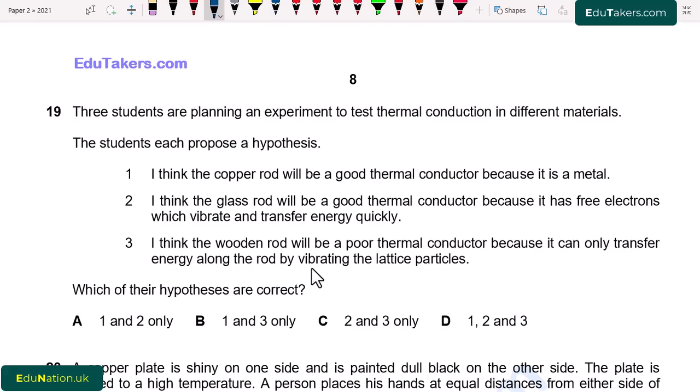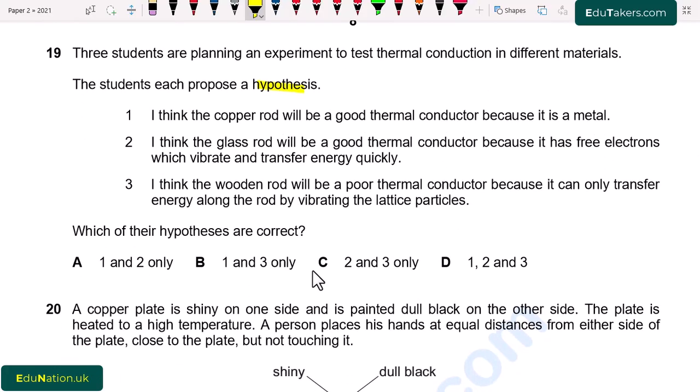Question number 19. Three students are planning an experiment to test thermal conduction in different materials. Students can propose a hypothesis. 1. I think the copper rod will be a good thermal conductor because it's a metal. 2.